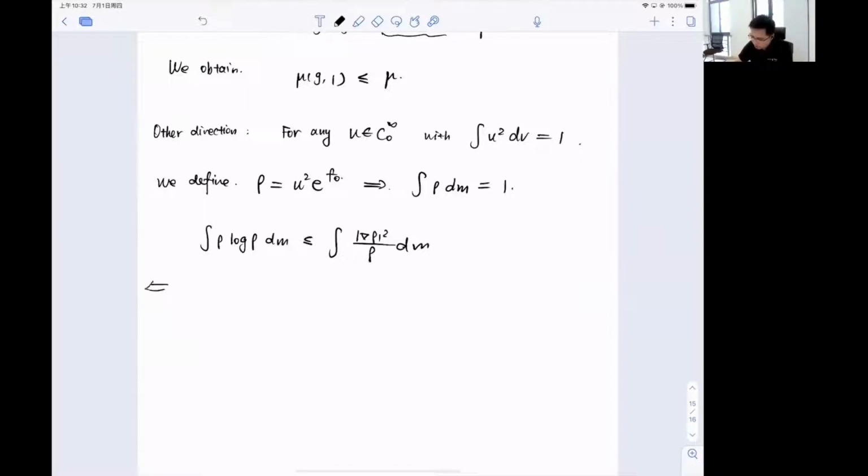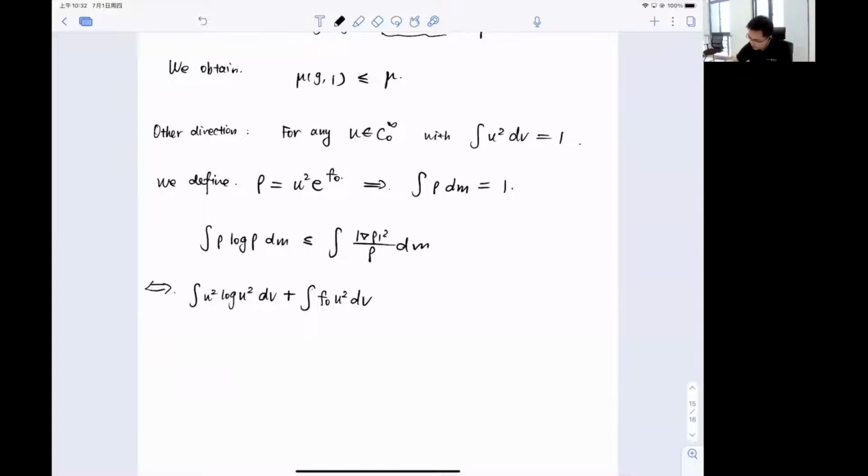Here I omit some calculations. Now the left-hand side with this choice of rho can be rewritten as the integral of u squared log u squared dv, plus the integral of f0 u squared dv.